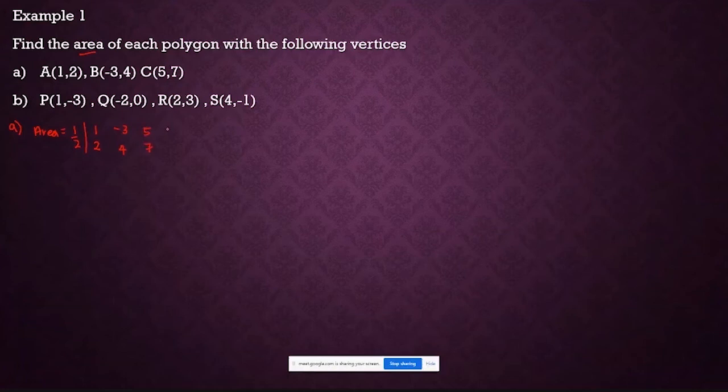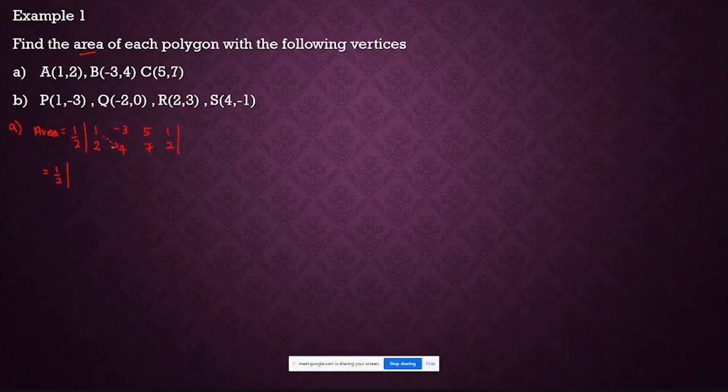And you must repeat the first point, coordinates of first point A. Okay, the first pair must be the same as the last pair. Then equal to 1 over 2. Then we cross.